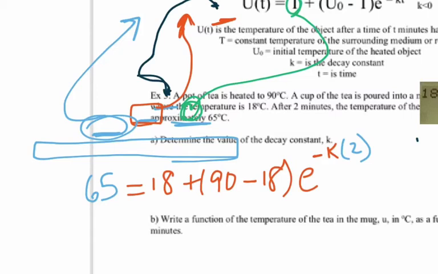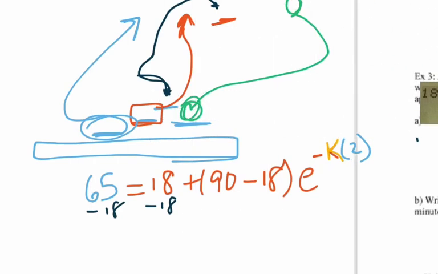Now, in order for us to solve for this k value, it's important that we isolate the exponent. And in order to do that, we're going to get rid of this 18 first. 65 minus 18. By the way, let me move this word problem out of the way for a second. 65 minus 18 is going to give me 47, is equal to, and 90 minus 18 is going to be 72, e to the negative 2k.